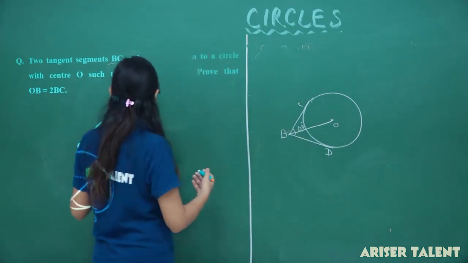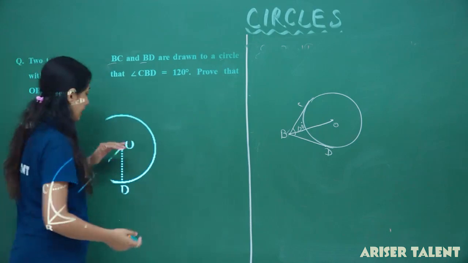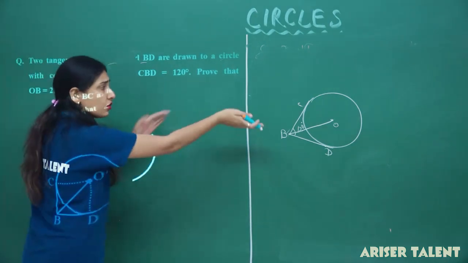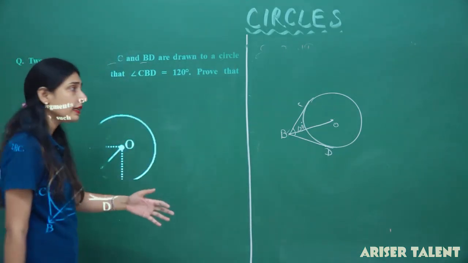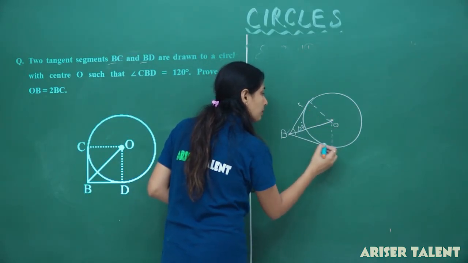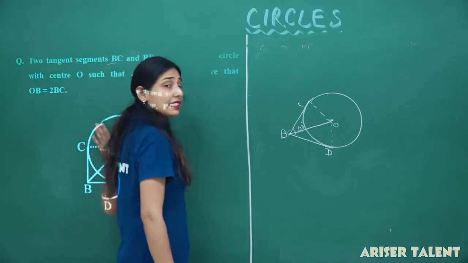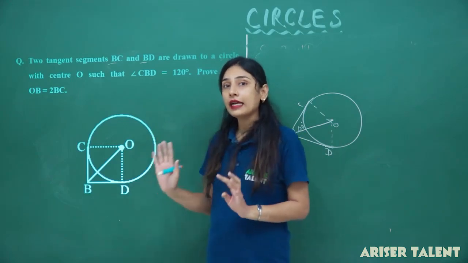Just rotate it and this diagram will tend to this. And even if you are not rotating it, just draw. You don't need to make it exactly like this. Just follow the given instruction. You will be having the diagram yourself.